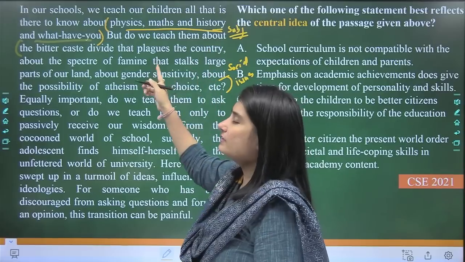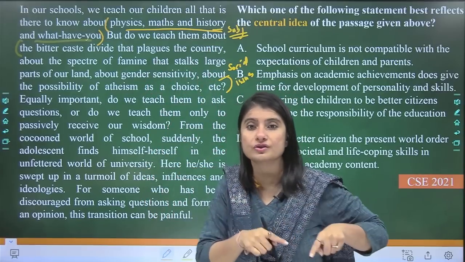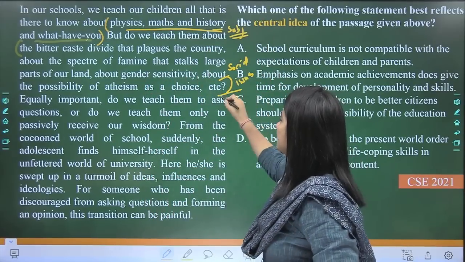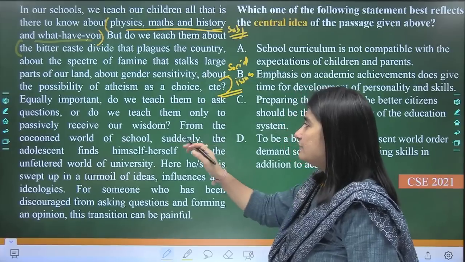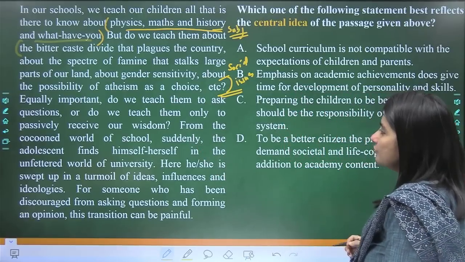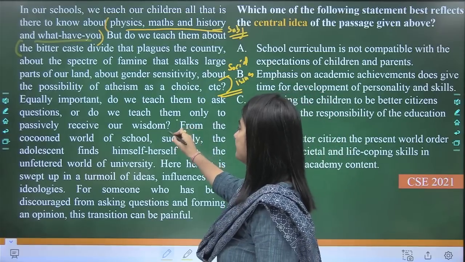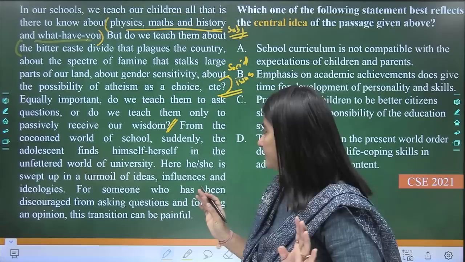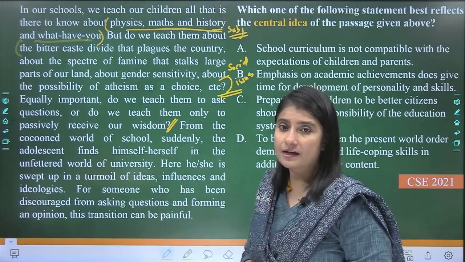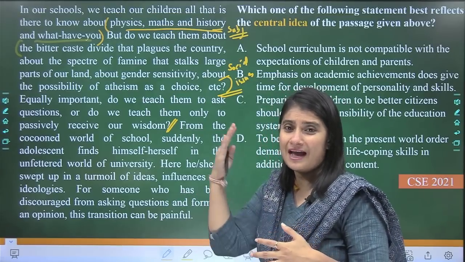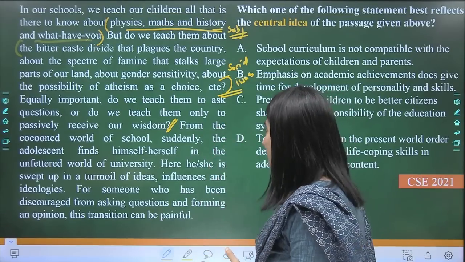So we are teaching our children subjects but not social issues is the gist of the entire thing till here. Equally important, do we teach them to ask questions or do we teach them only to passively receive our wisdom? Talking about the school system, right? I know most of us are scared to death to raise a hand and ask something to a teacher. This is what it's talking about.